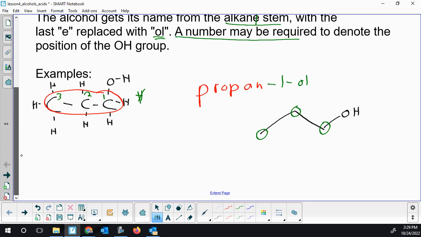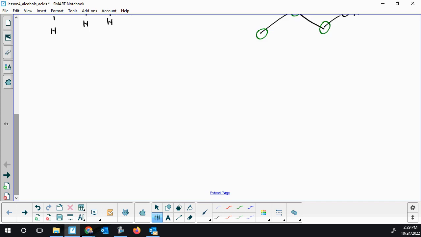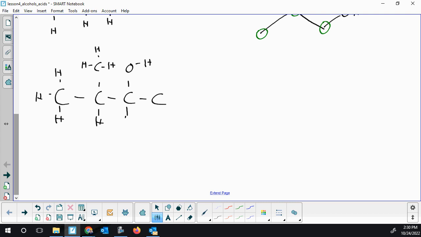I'm going to throw a branch and a hydroxyl group into my next example. I'm going to go up to 4 carbons. And then everything's connected in the middle.